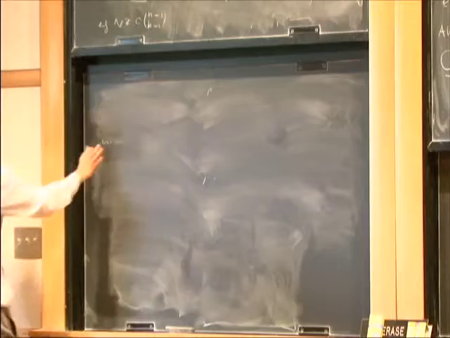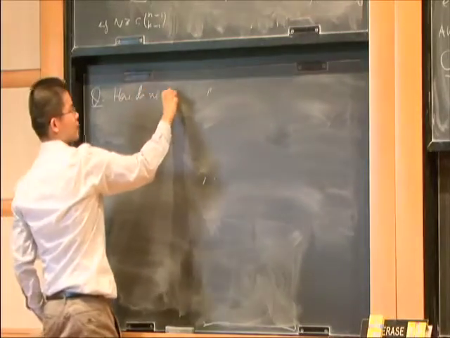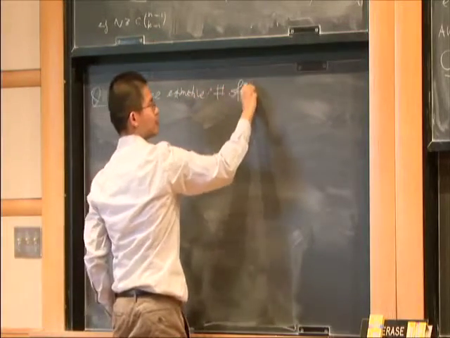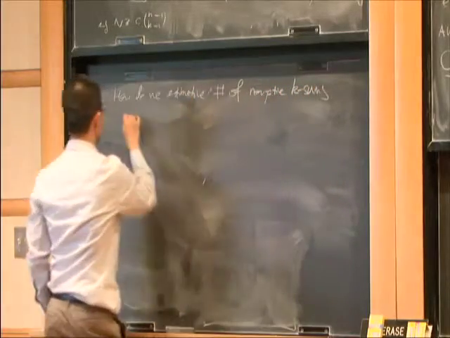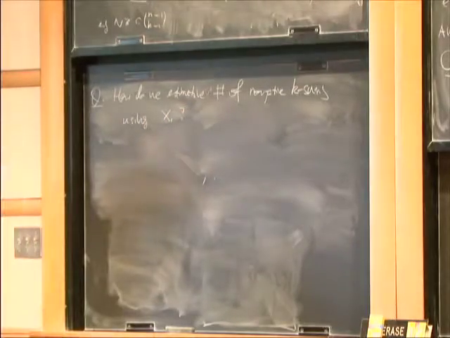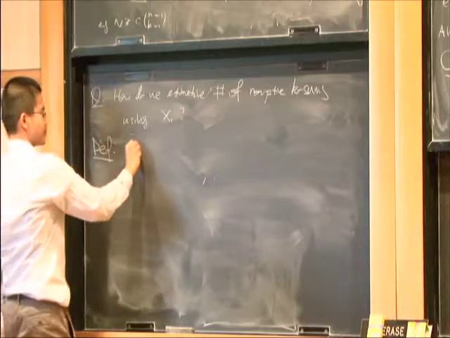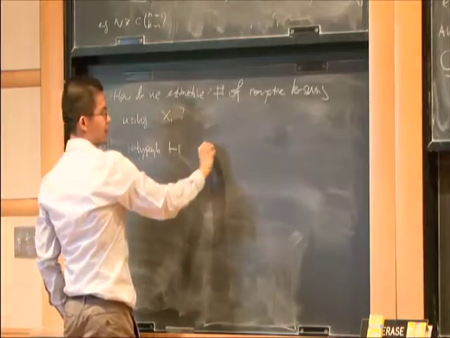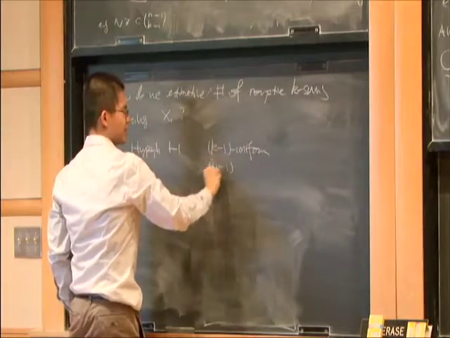Now the question is, how do we estimate the number of non-negative k sums using S1? So what I'm going to do next is I define the hypergraph H. This hypergraph is k minus 1 uniform on m minus 1 vertices.